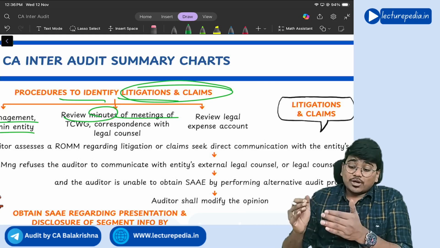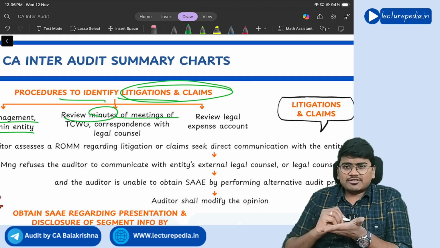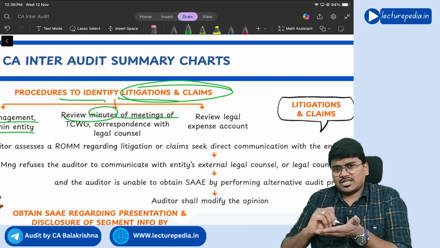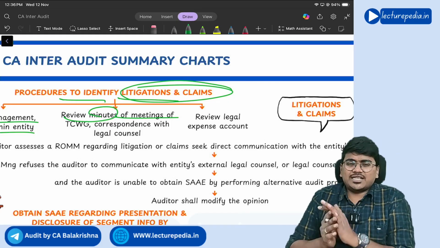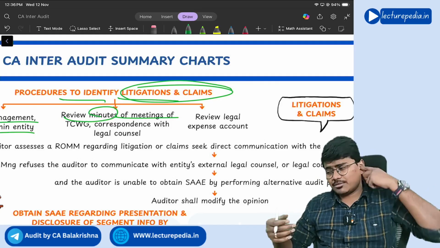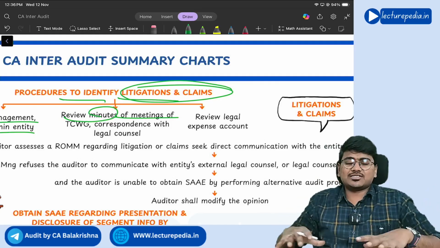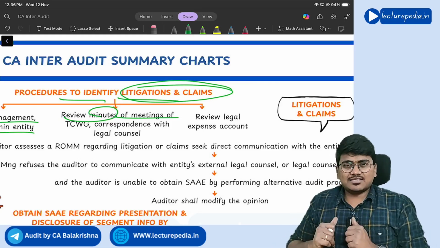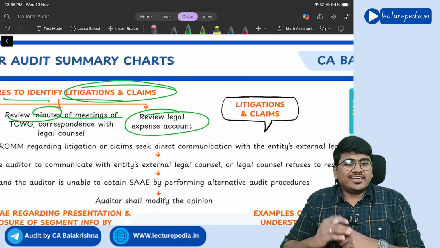So by going through the minutes of that meeting, everything will be written down in detail, whatever is discussed in the meeting. By reading the minutes, if any discussion about litigations or claims has taken place, the auditor will get to know that yes, these litigations or claims are existing against the entity. Correct? Yes.